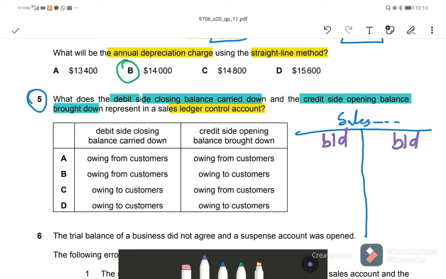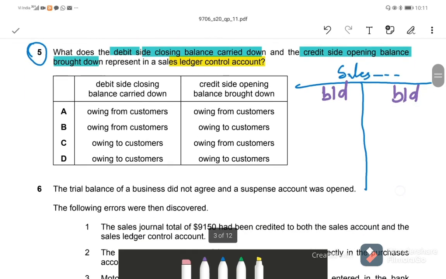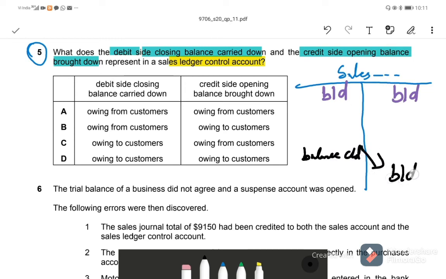So let's see. Debit side closing balance carried down means the balance brought down comes on the credit side. Credit side opening balance brought down is already on the credit side.